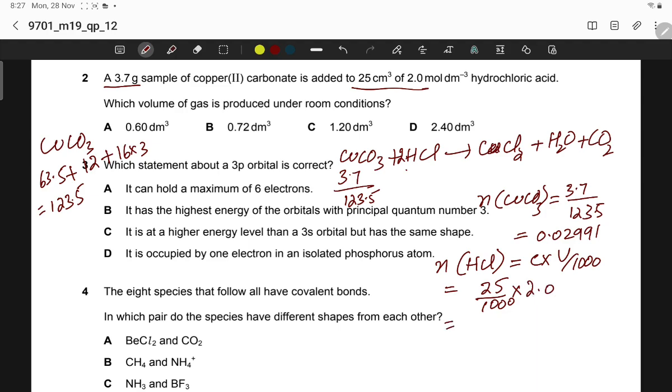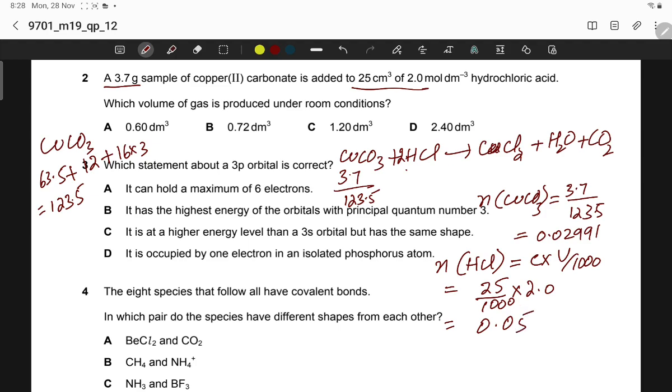This is equal to 25 divided by 1000 times 2, which is 0.05.